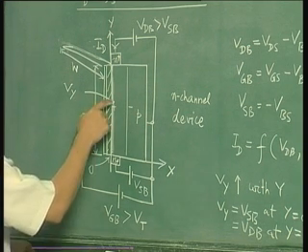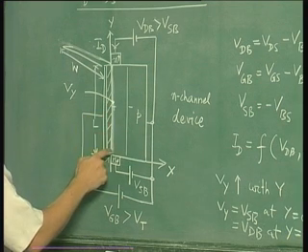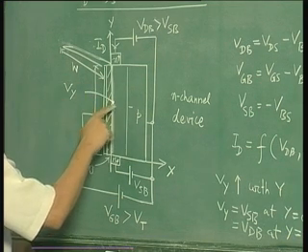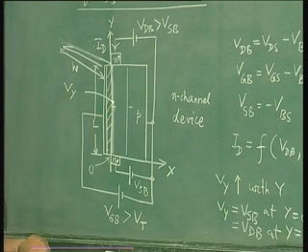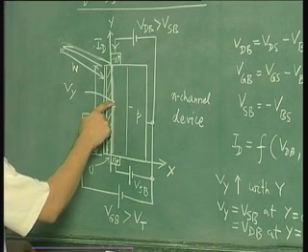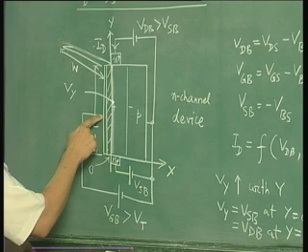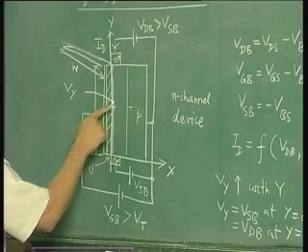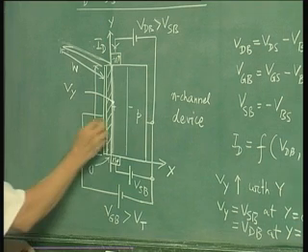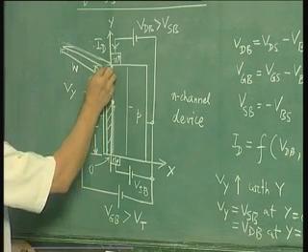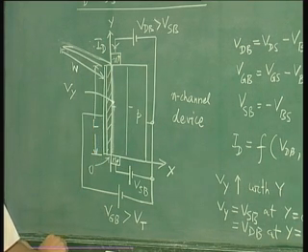Now coming back to the effect of variation in the voltage along the channel on this particular charge, inversion charge and depletion charge. So as Vy increases, VGB, that is the gate to bulk voltage, minus Vy, which is the voltage across the oxide, will go on reducing as you move in the y direction.